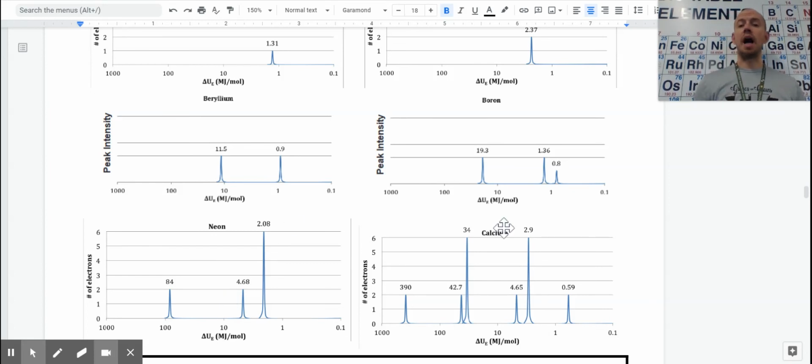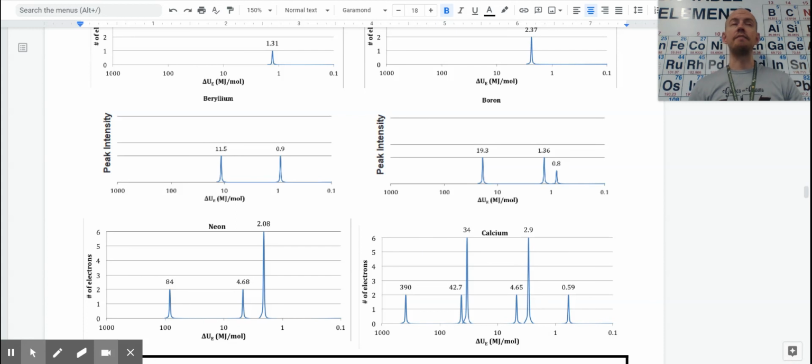Going on to calcium, obviously skipping a whole bunch in between, we can see our pattern continue to emerge. There are several sublevels that max out at a height of 2 or at the same height as one another. There are a few sublevels that max out 3 times taller.